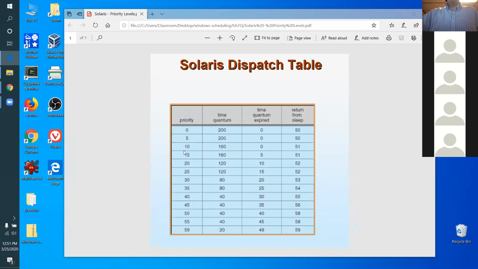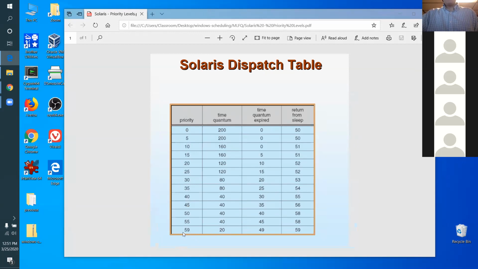Okay, so here are their priority queues. They had 60 priority queues. And what they show you here is that each priority queue had a time quantum. Notice that this is the highest priority, so this is where you start. A short job is up here.